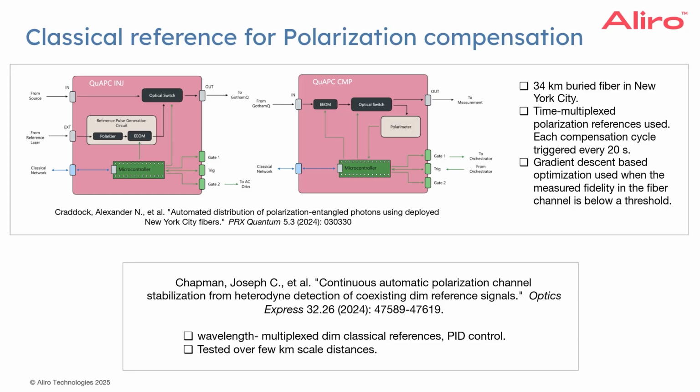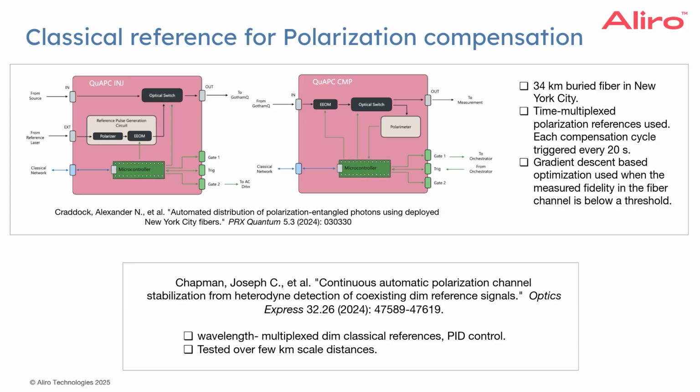There is a polarizer and a polarization controller, and there's a switching mechanism like we saw in the previous case as well, that either allows for the quantum signal or the classical signal to pass through. And at the end node, a polarimeter makes measurements of the classical signal and helps determine the transformation that needs to be done based on a gradient descent algorithm.